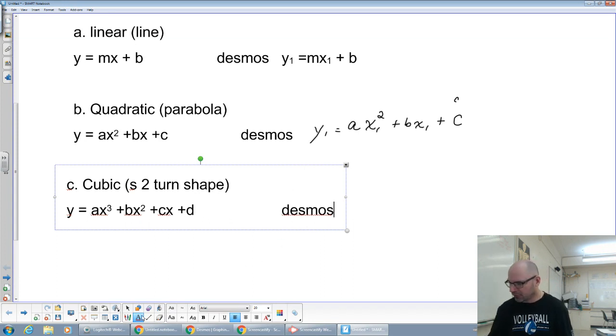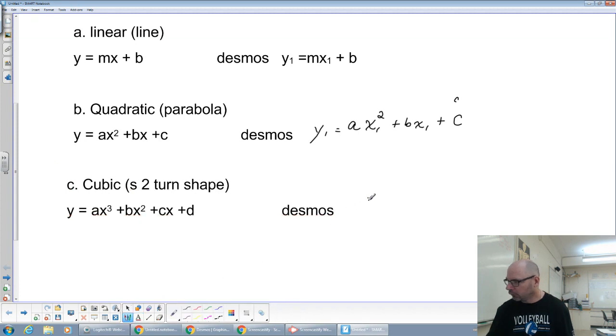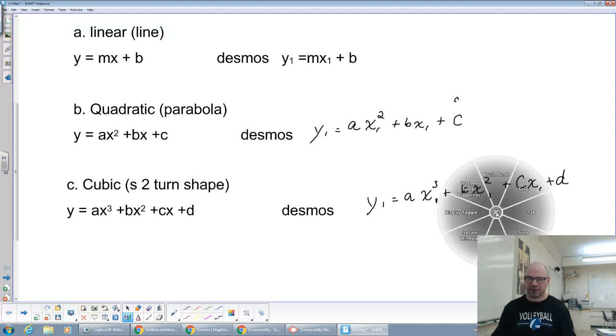So it would look like this: y1 equals ax cubed plus bx squared with a little 1 there, plus cx with a 1, plus d. Okay, so those are the general equations that we're going to use.